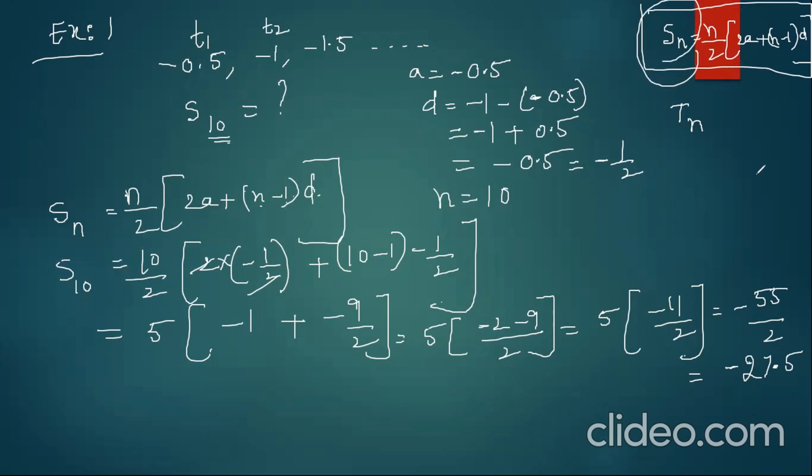So these are covered in this AP video. In the next video, we are going to observe what a GP is, how we derive the nth term, and how we find the sum to n terms of a GP. Also, in this session we are not covering the arithmetic mean, so that will also be covered in the next video.